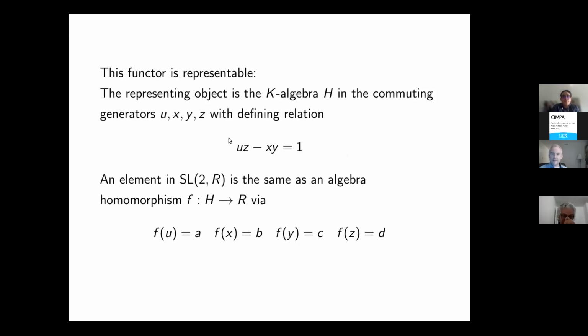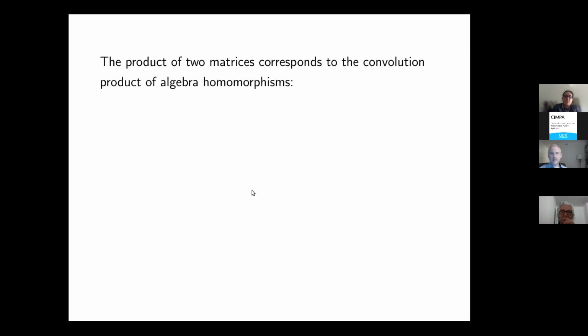And you see then this defining relation implies that the determinant of the outcome matrix is really in SL2R. The determinant is 1. And now the product of two matrices corresponds to the so-called convolution product of the corresponding algebra homomorphisms. This means this.